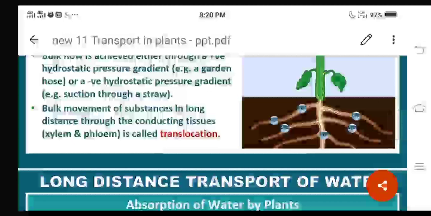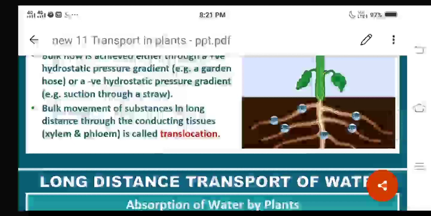Finally, how do we define the term translocation here? The bulk movement of substances over a long distance through the conducting tissues, like xylem and phloem, is called translocation. Remember, they are also called the vascular tissues.